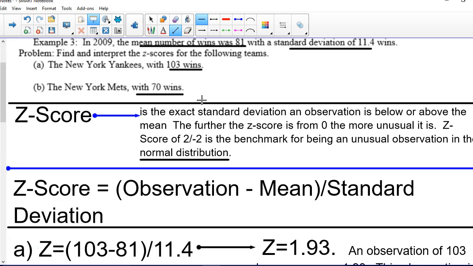That means we are blank standard deviations below the mean. And I want to be clear with your z-score, and you might want to write this down. A z-score does not have a unit attached to it. There is no unit because it's a standard deviation, and standard deviations do not have a unit with them.